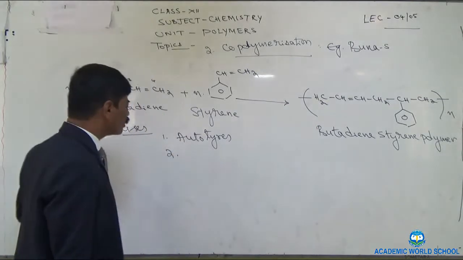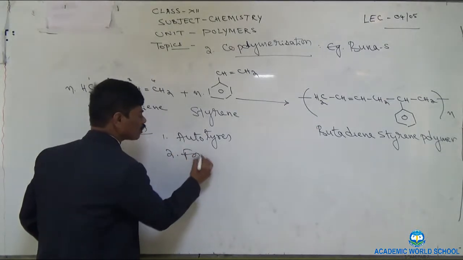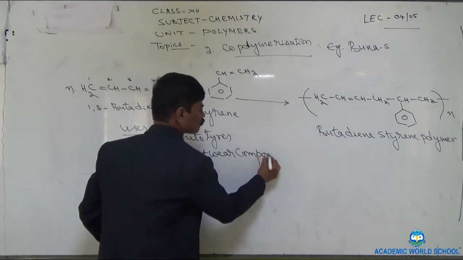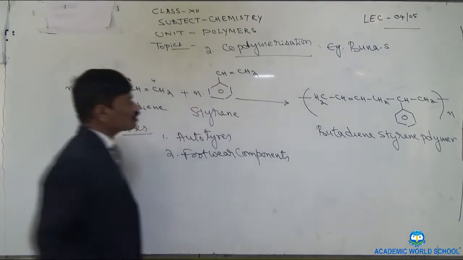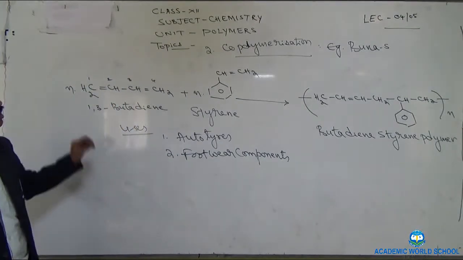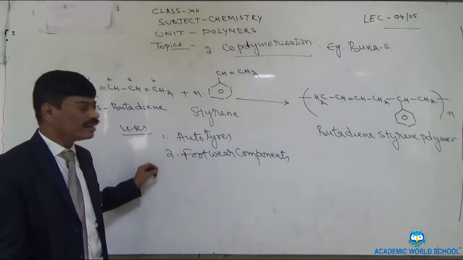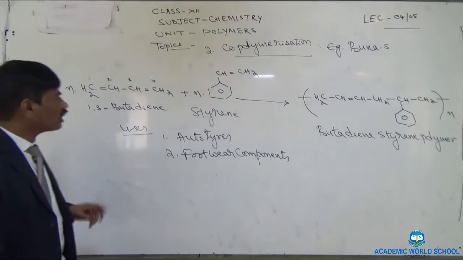Second one is it is used in making of footwear components. That's about chemistry of copolymer, that is butadiene styrene polymer, right?